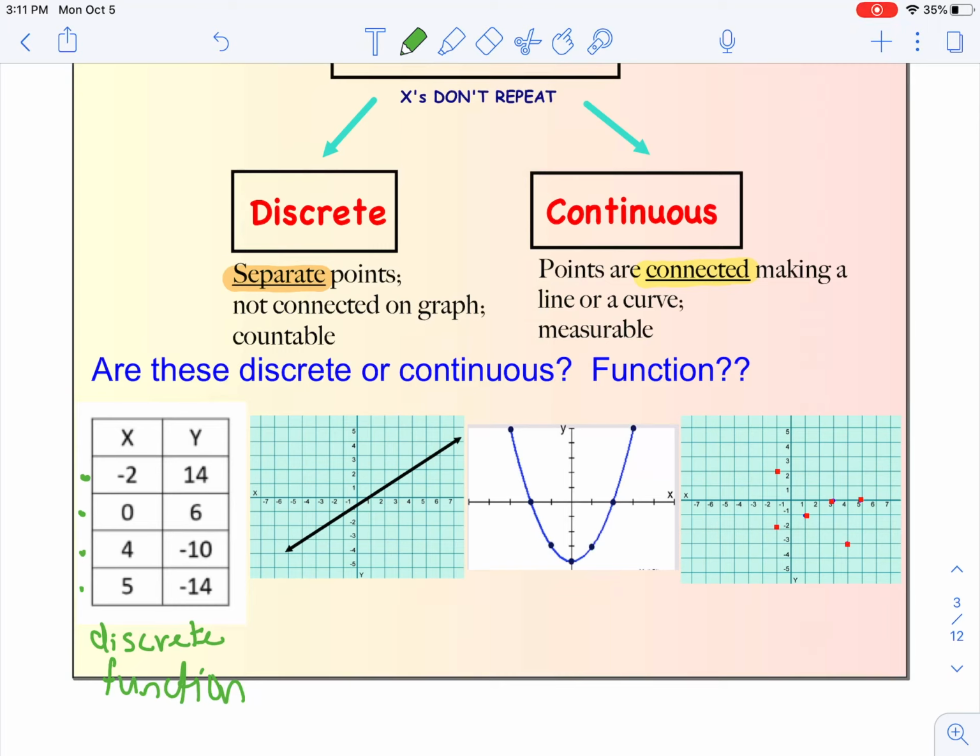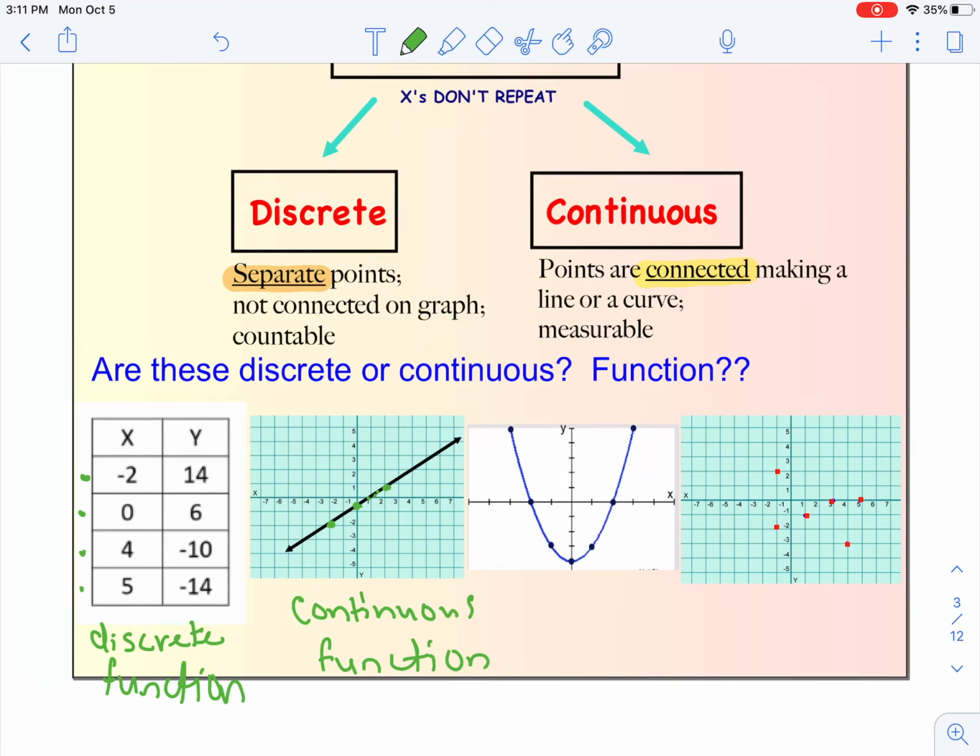Okay, if we look at the next one, you can see there are some points on this graph, but they're connected. Because there's an infinite number of points in between there, we can't count them. So this is continuous, and it is a function because it passes the vertical line test.